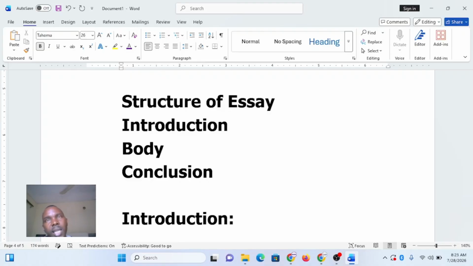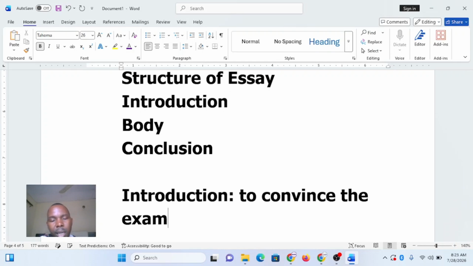Now, understand that the purpose of the introduction is just to convince the examiner that you understand the question. You are writing the introduction. Your overall purpose is just to tell the examiner, hey, I understand what you have asked me to do.